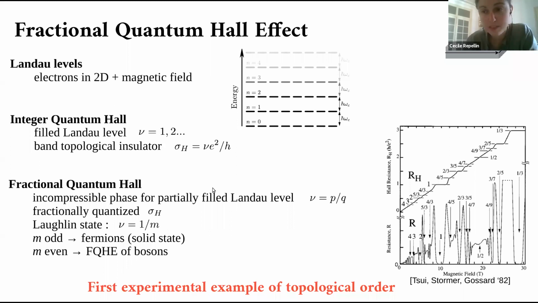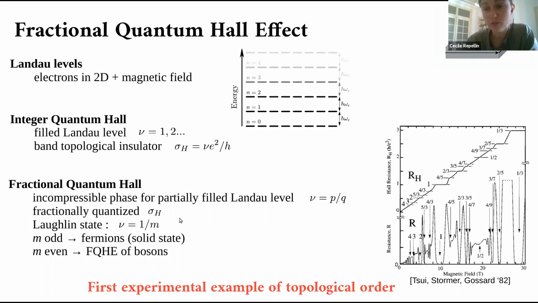And the simplest example of such a fraction is the Laughlin fraction. In the introduction, I already mentioned the 1/3 Laughlin fraction, which was the first observed fraction in the fractional quantum Hall effect. It's actually a whole series of fractions at filling fraction 1 over m, where m is an integer.